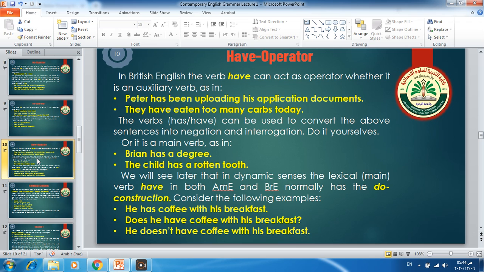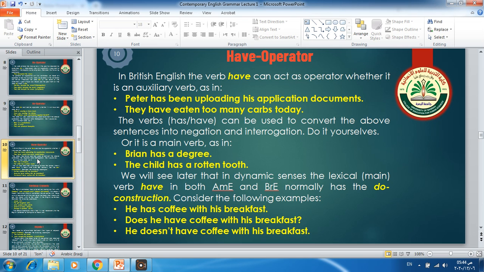So we will see later that in dynamic senses, the lexical or main verb have in both American English and British English normally has the do construction. So when the verb have is used with a dynamic sense, when it is used to refer to some kind of operation, for example, the process of drinking or the process of eating, so it is used as a main verb.